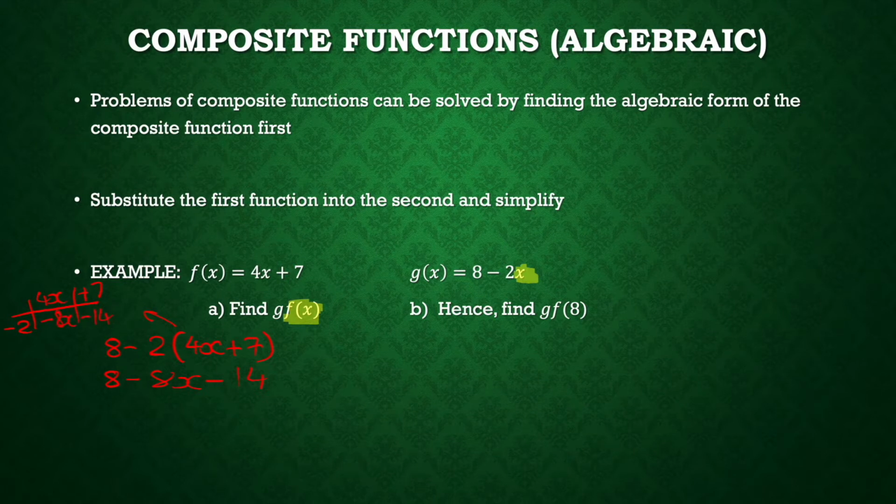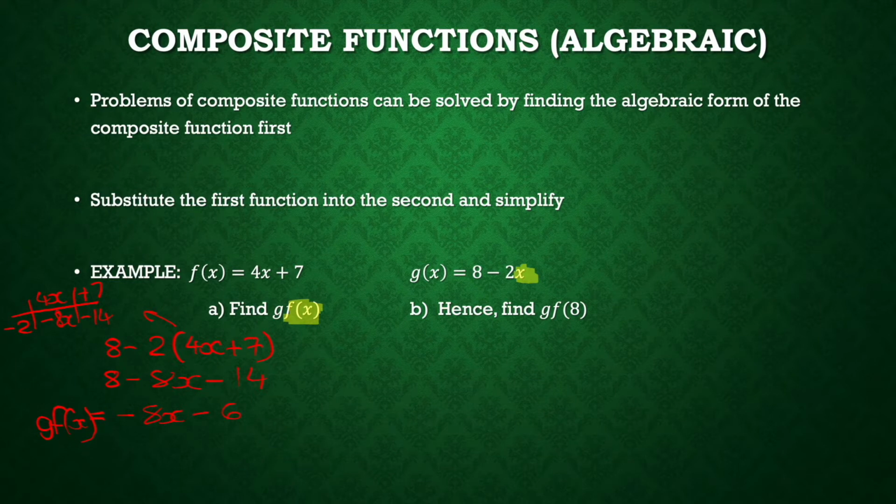Do not make silly mistakes on this. And then all we need to do is tidy that up. So we'll have minus 8x, 8 subtract 14 gives me a minus 6. Right, we've now got our function for g f of x.